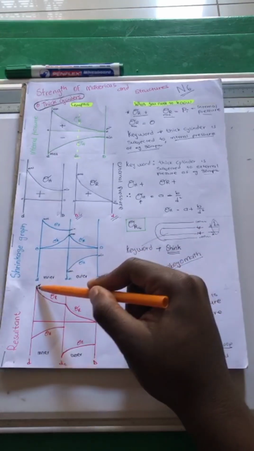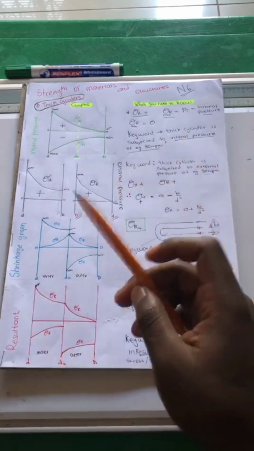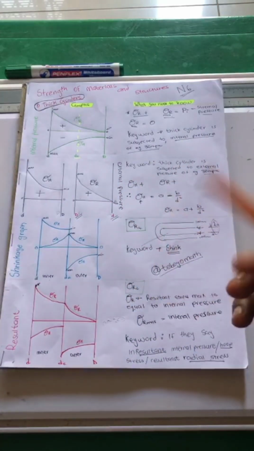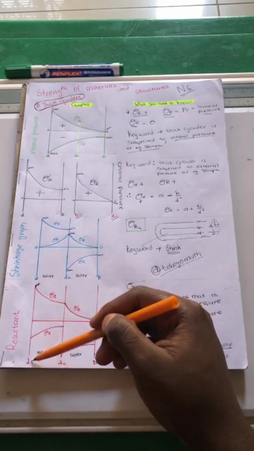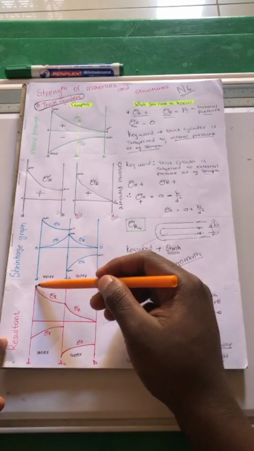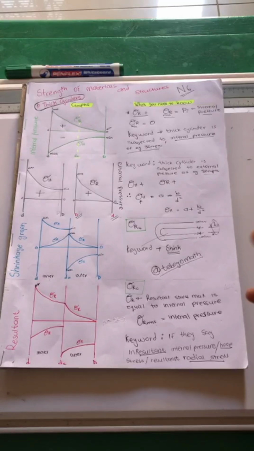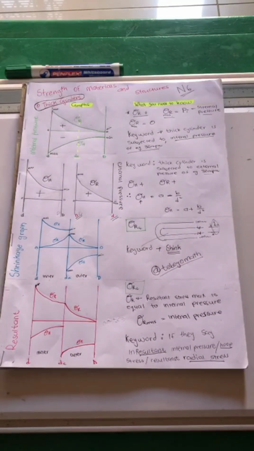You're going to put it here. The internal pressure is experienced at this point. It is equal to this Rmax, so you're going to place it here. And then you're going to also probably have this point, and then you're going to be able to use the Lame's equation.